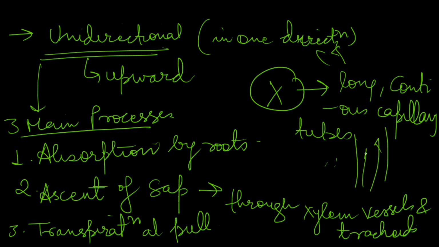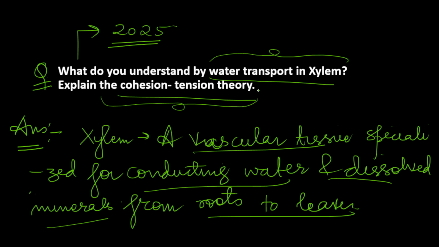So when you see in Xylem, there are no air bubbles present. Okay. So this is how you can describe the water transport through Xylem. If you mention all these things, that would be enough for the first part of the question.